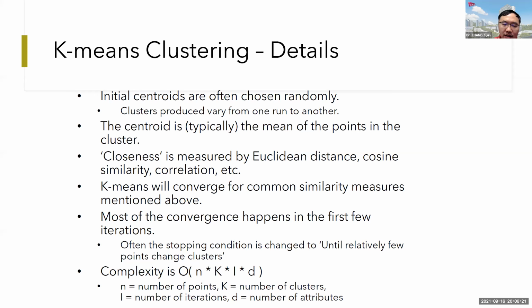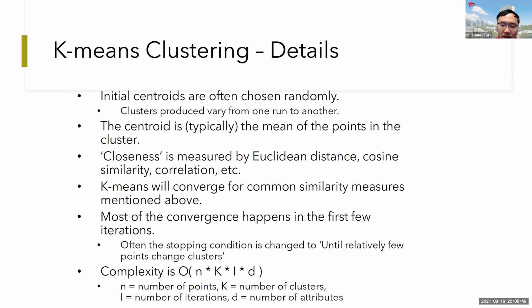And the closeness of the data point to the centroid is usually measured by the Euclidean distance. But such a distance can also be changed due to different application needs.